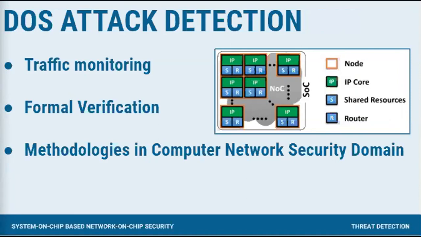There are many formulas for denial of service attack detection in the network on chip environment to detect whether there's an attack or not. These attacks are also very common in the computer network security domain, and there are other methodologies in that domain to detect them.